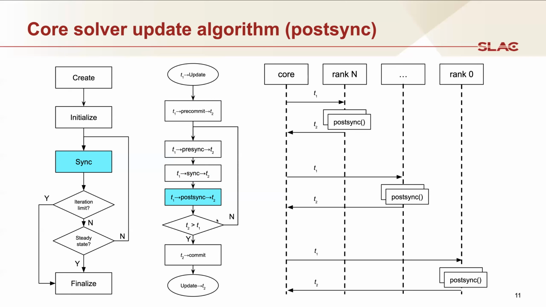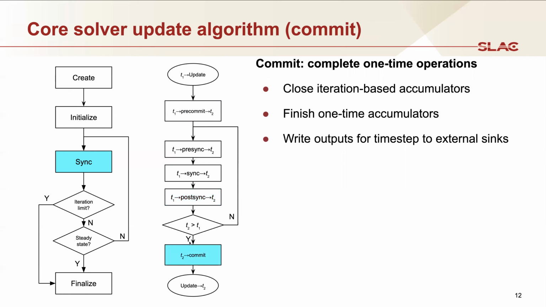And then finally, when all of this is done and every object has returned a timestamp that's greater than the requested time, then the processing is done, and we can then exit out and go to the commit process for that timestamp. And the commit process basically completes all the outer iteration, every one-time iteration information for each time step.